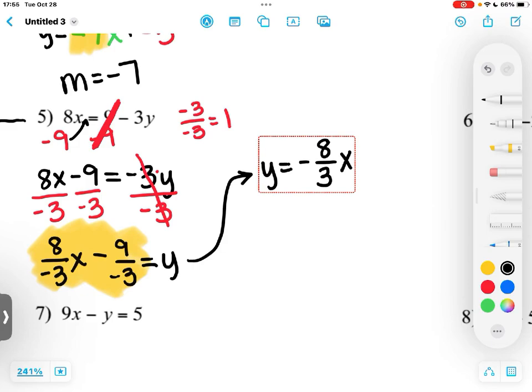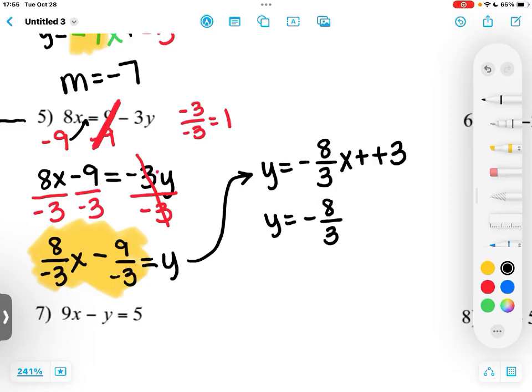Now, believe it or not, that would be my slope, but for the sake of simplifying, I'm going to go ahead and solve the rest of the equation as well. Now, I have a negative because 9 over 3 will simplify to a 3, but having minus a negative will turn into plus a positive. So really my final equation, because it's always good to go ahead and simplify, would be a negative 8 over 3x plus 3.